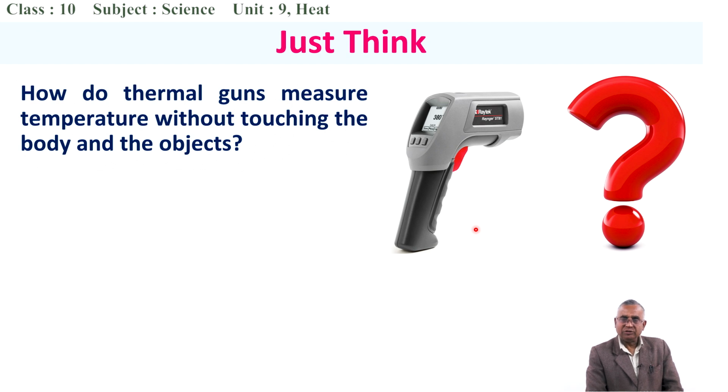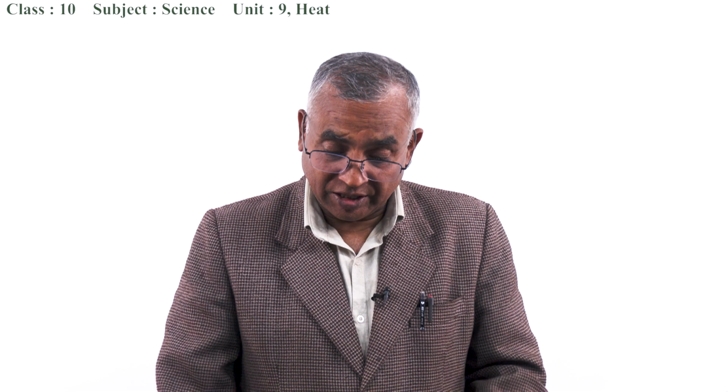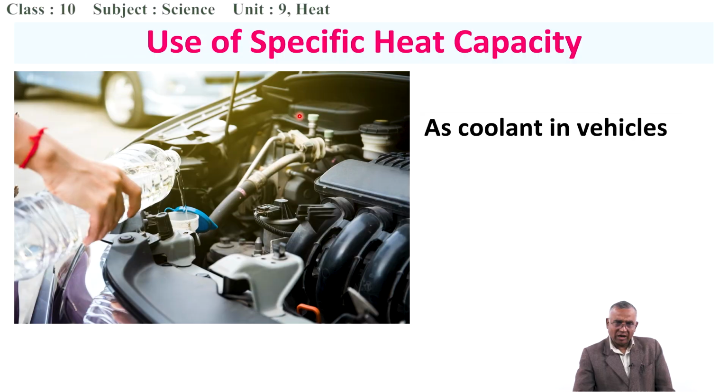But before doing thermometers, we have to discuss some uses of specific heat capacity in our daily life, about which you were given work to do, that was project work. So, have you seen that drivers use water in the radiator of the vehicles? Some other coolants are also mixed in with water, that is another thing, but the main thing is water there.